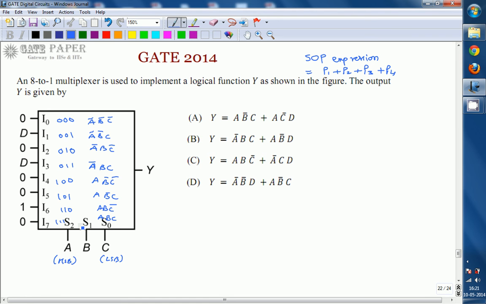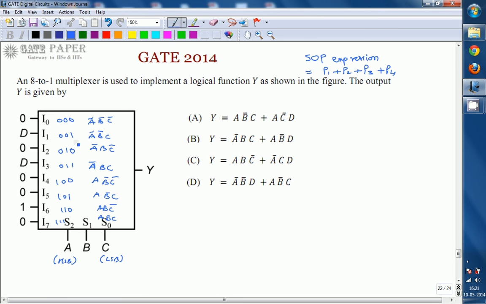Depending on the combination present at the select lines, the corresponding minterm becomes active, and that line is selected and connected to Y. Product terms are generated by multiplying each minterm with its corresponding input. The first product is the first line's minterm multiplied by its input, the second product is the second line's minterm with its input, and so on.